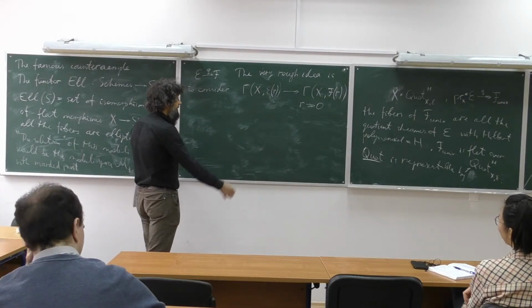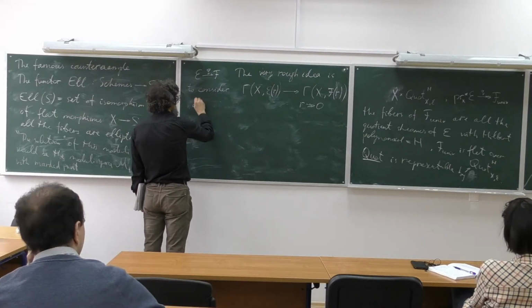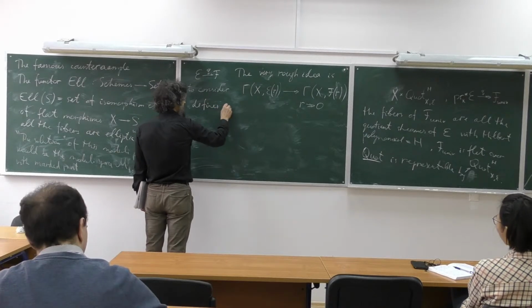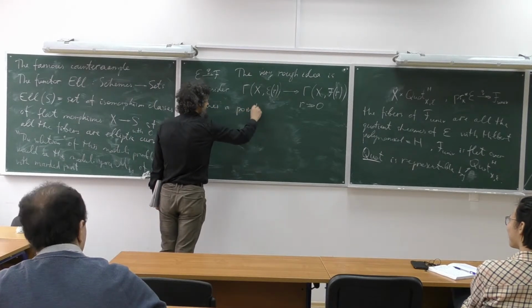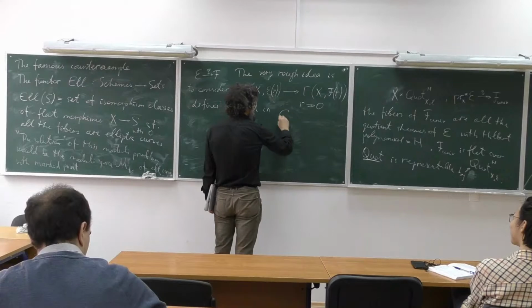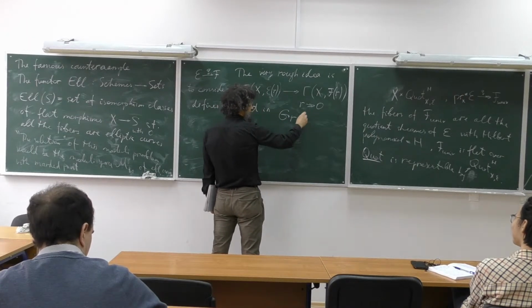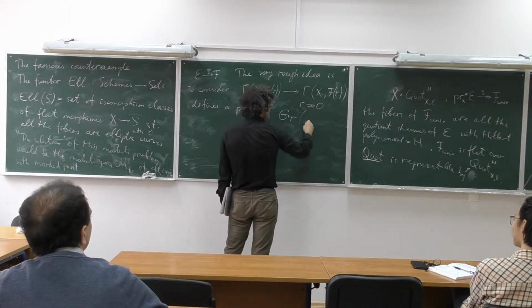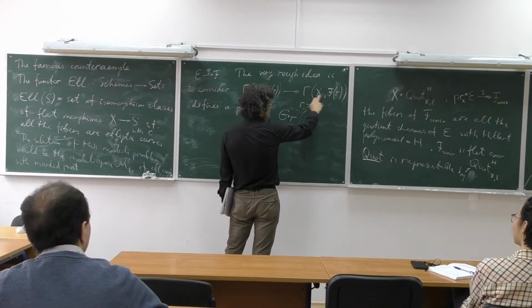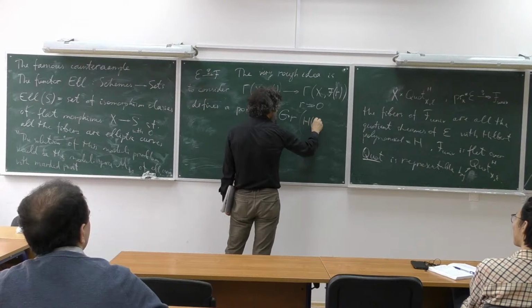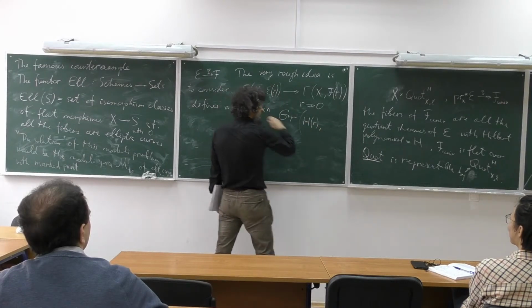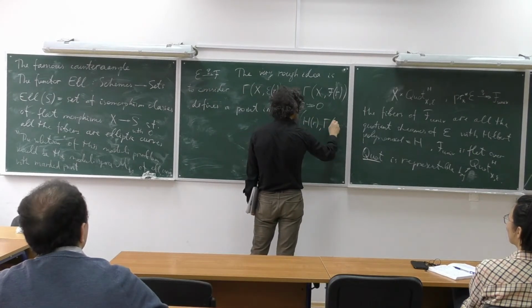And it defines a point in some Grassmannian variety. So the quotient will have this dimension, and this dimension we know it's h of r inside this space, or quotient of this space.